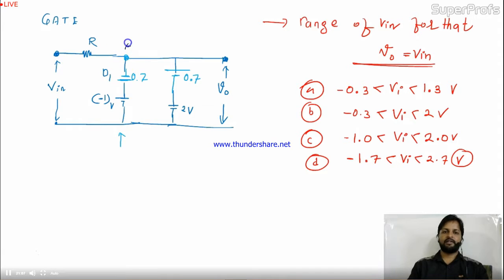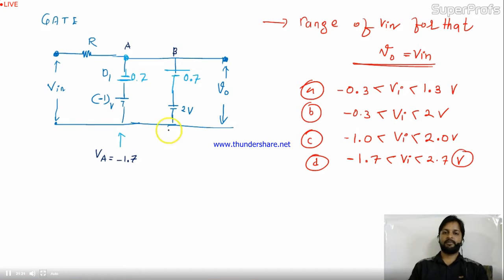Here, if the point A, here the point is B. At point A, the voltage due to this branch will be minus 1.7. This minus 1 and this minus 0.7 is minus 1.7. What about the B? We'll talk about the B. At B, the output voltage is 2 plus 0.7, 2.7.